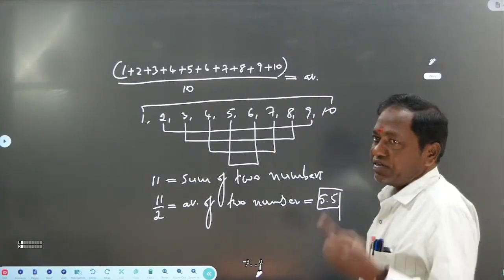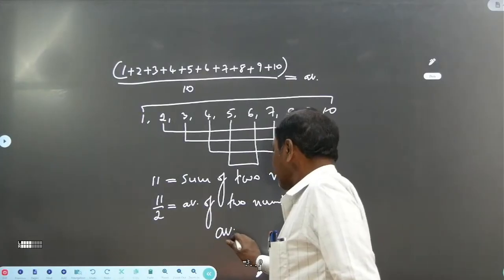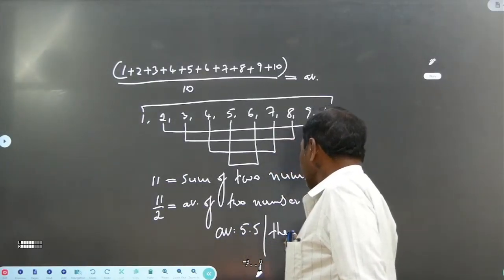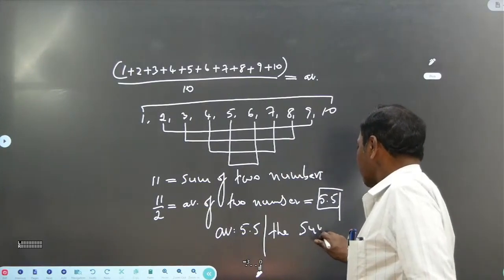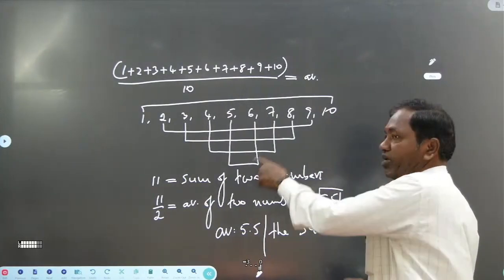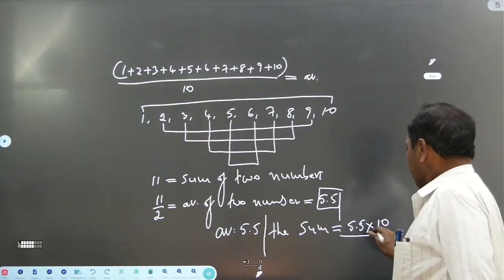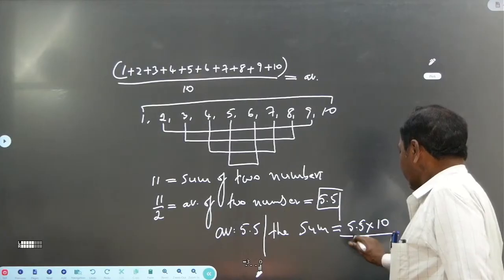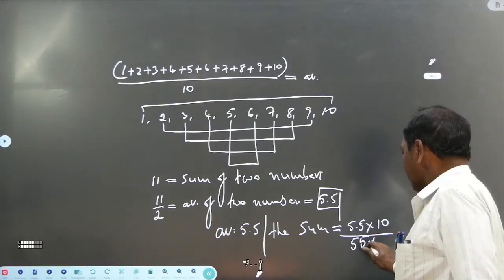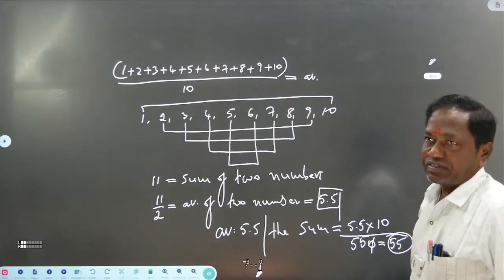The average of 10 numbers is 5.5. Then what is the sum? Sum equals 5.5 multiplied by how many observations there are, 10. 1 into 5, 5. You can add a 0 here, there is one decimal, the 0 gets cancelled. So therefore 55.